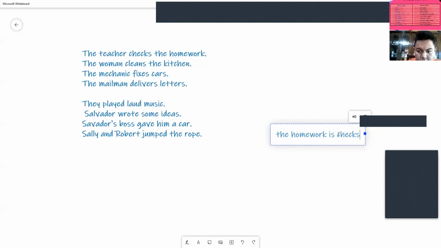No, no, no. Checks es en presente. ¿Cuál es el pasado participio de check? Es un verbo regular, Salvador. Sería checked. Ujú. Sí, ¿no? Yes. Checked.